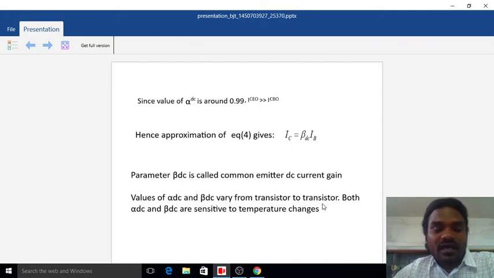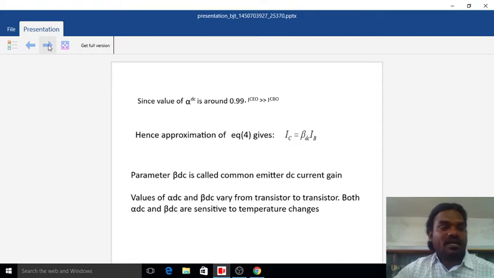As the age of the transistor increases, the alpha and beta values also change. These two are the factors which can vary the values of alpha and beta.